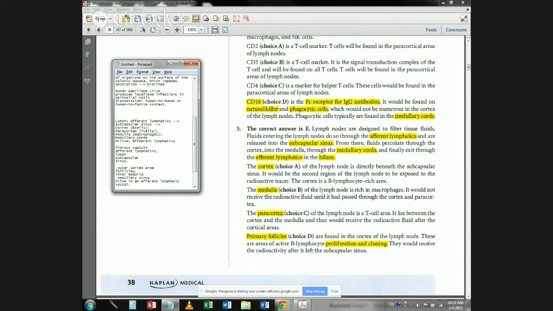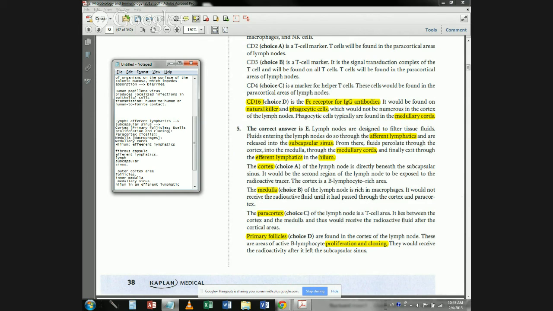It lies beneath the cortex and the medulla, between them, and thus would receive radiation after the cortical areas. Primary follicles are found in the cortex of the lymph node. Cortex. B cells. These are areas of active B cell proliferation and cloning. These are after it had left the subcapsular sinus.